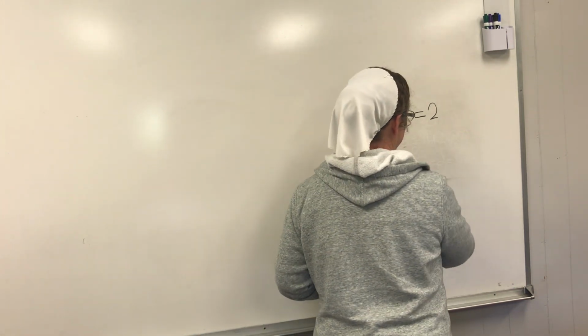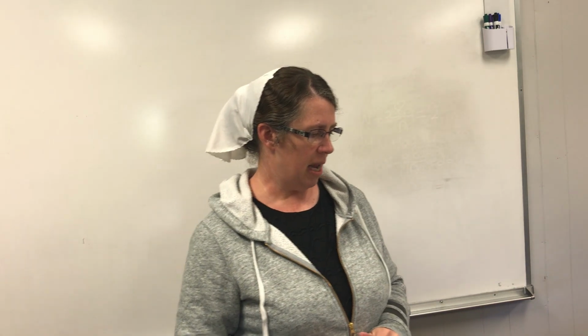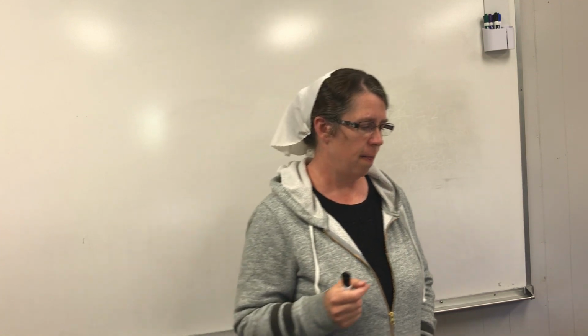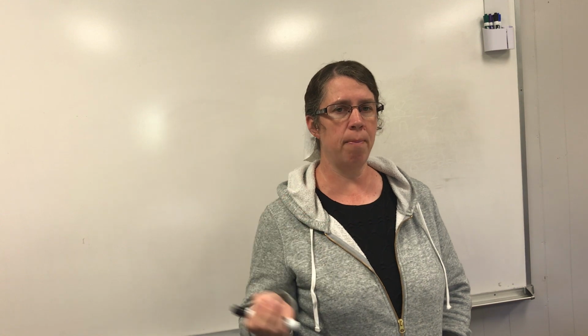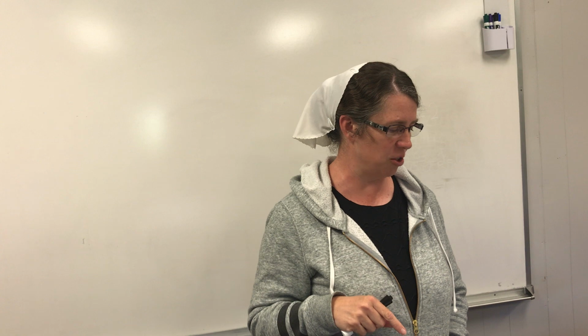All right? Number 4, Emily, I will call on you. You help us out with number 4. Product. What does product mean? The answer to a what problem? I'm hoping you said multiplication, because that's right.